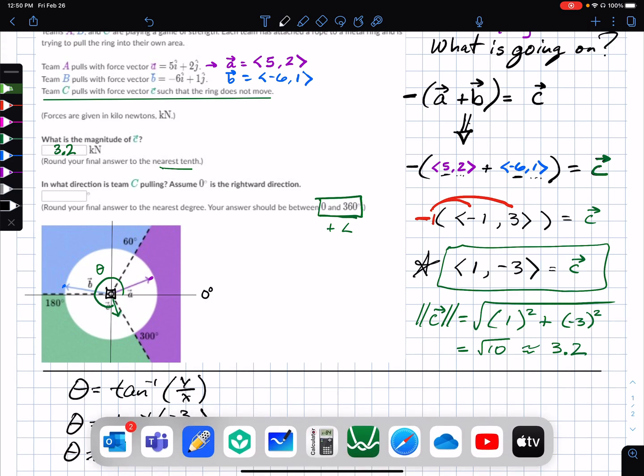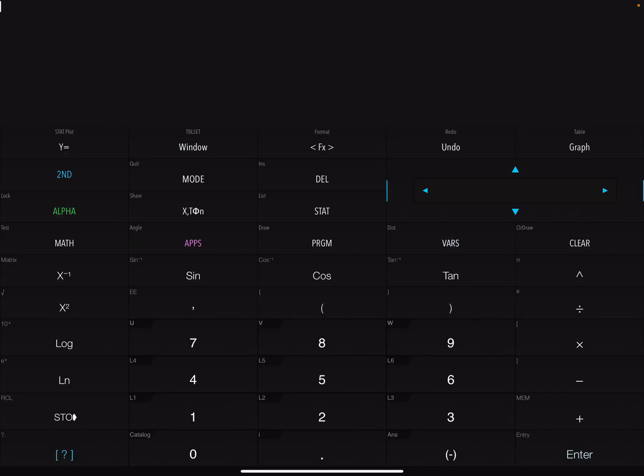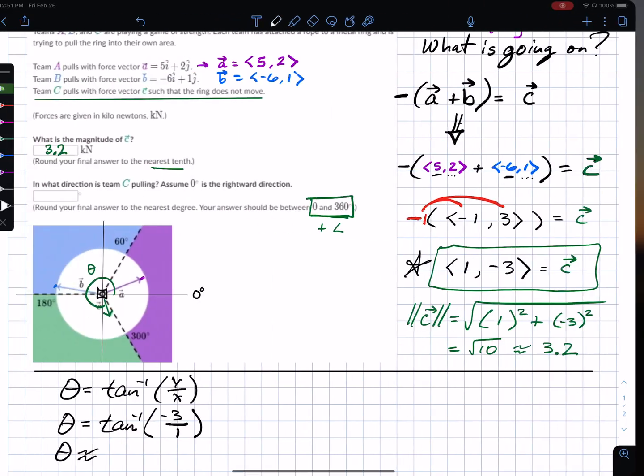Let me see if I have a calculator open here. Yep, I'm in degrees, so double check our mode first. Yeah, we did that. Second tangent, -3 divided by 1. Okay, so you get -71.57.